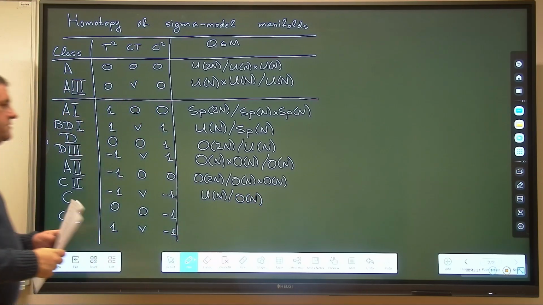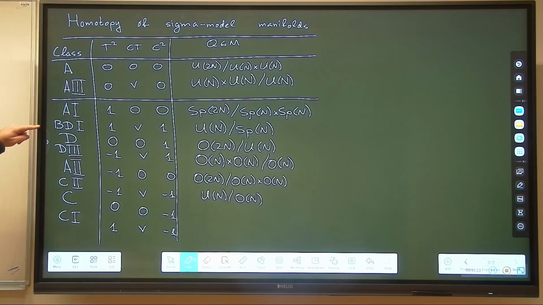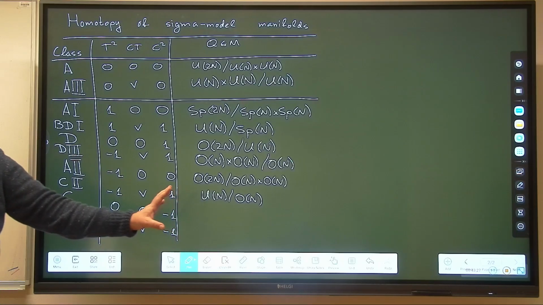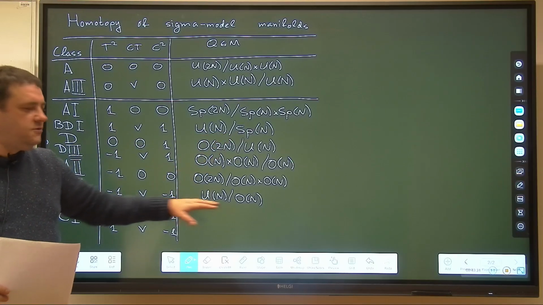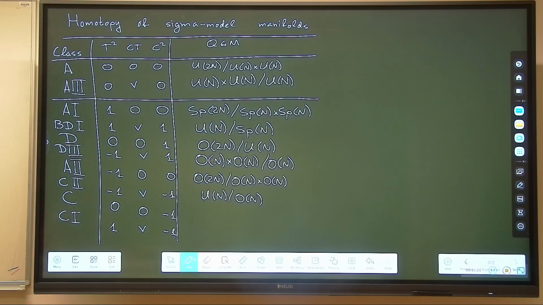All chiral classes, A3, BD1, C2, they all have unitary divided by something. We also discussed this. It's unitary divided by symplectic, it's unitary divided by orthogonal. Class C, I forgot.